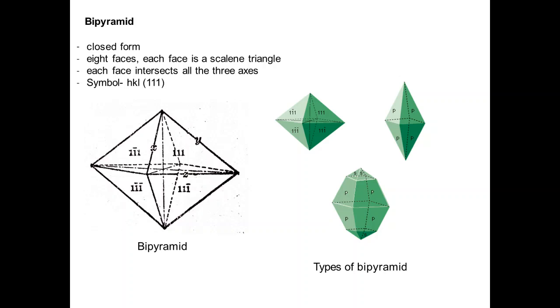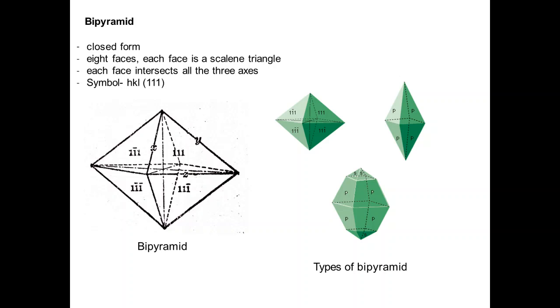If you remember, you have seen this type of form previously also. We saw this as octahedron in the isometric system, and of course bipyramid in the tetragonal system. It is again bipyramid in the orthorhombic system. Simple, it is a closed form with 8 faces.